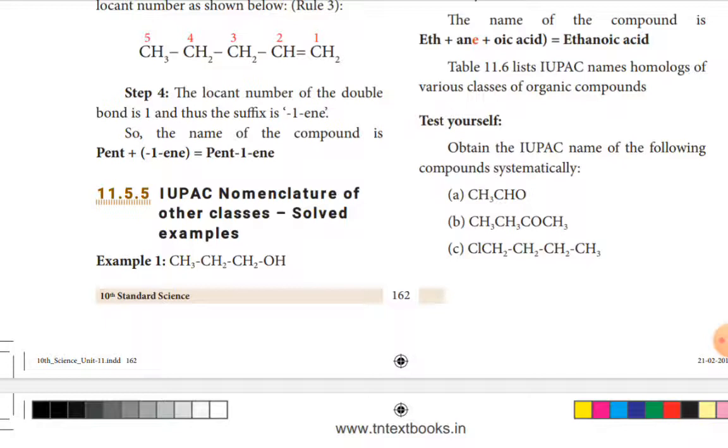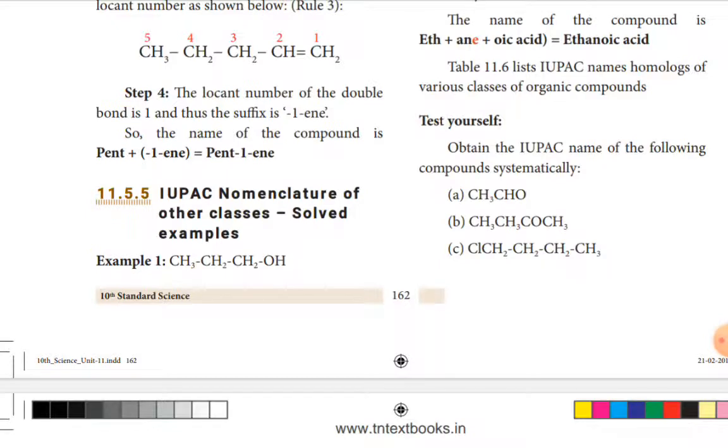So in propane you replace E and add ol: propanol. OH is attached to the first carbon. You number the carbon atoms starting from the carbon having the functional group, so that it gets the lowest possible locant number.